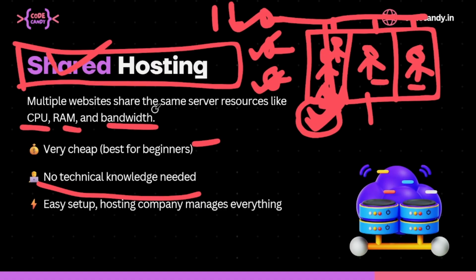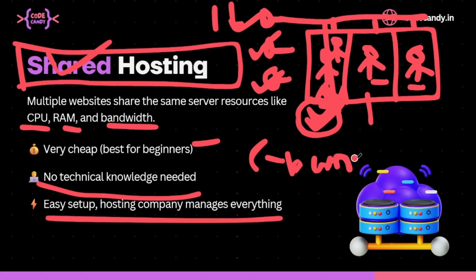Easy setup, because here you know cPanel in hosting. See, cPanel is like a folder where you keep all your website files, images, HTML files, CSS files, and all your folders in the public HTML folder.